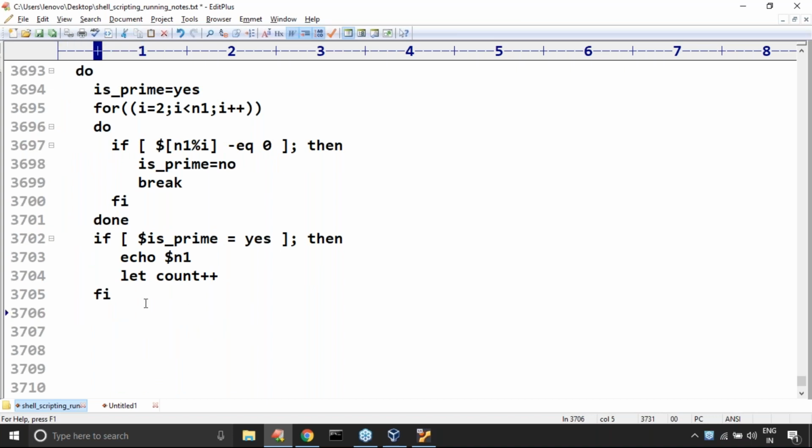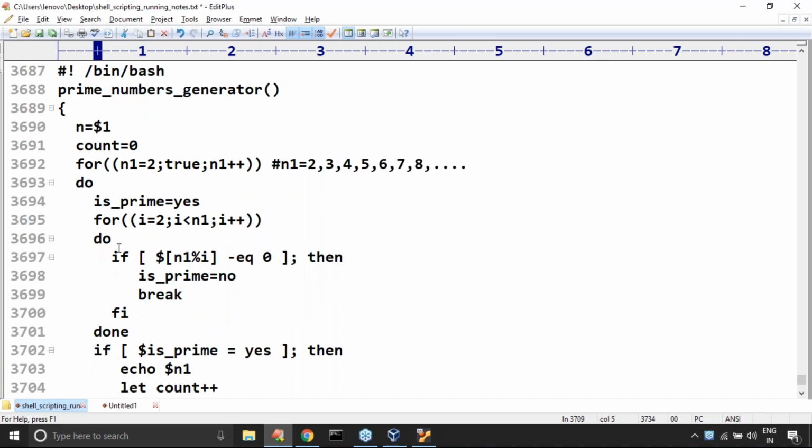So does count reach our n value or not, have 10 numbers already been generated or not? If count is equal to n, then break. You are not required to repeat that infinite loop. Now fi, outer loop done.